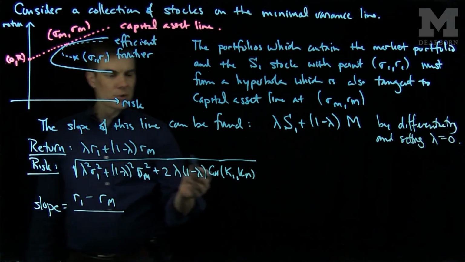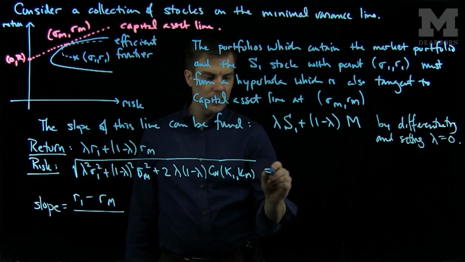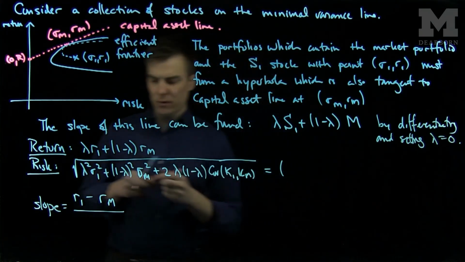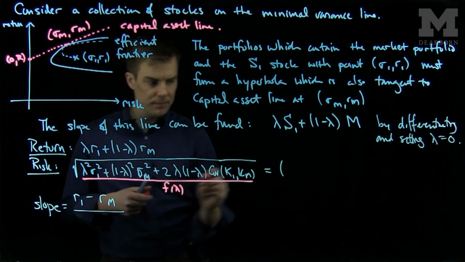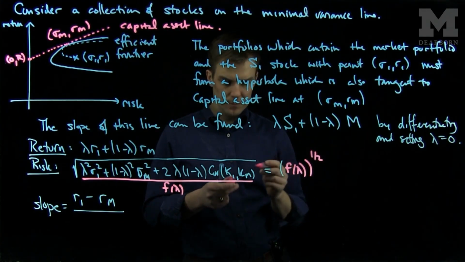The denominator is substantially more complex. What we can do is we can say that the risk is this entire expression. So we'll call this entire expression over here f of lambda. So it'll be f of lambda to the 1/2 power.